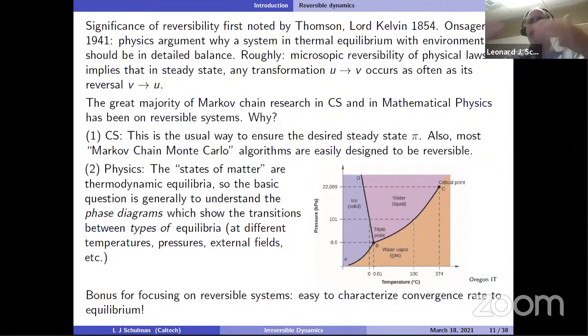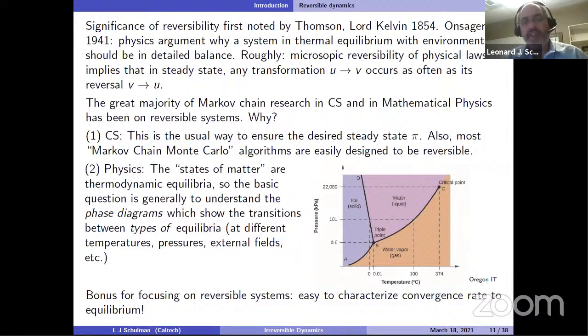How do you ensure that whatever you're converging toward is the state pi that you want to be in? Well, the fact that you can just subtract off the energies of two configurations, and that tells you with what conditional probabilities to make the transfer, is a very, very good reason. Otherwise, we have a hard time ensuring what steady state we're converging toward, even if we can show that we are converging.